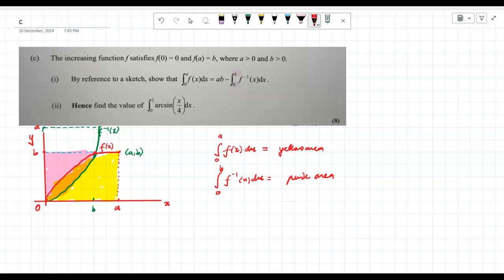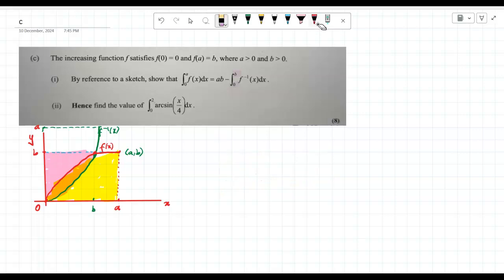One second, I'm trying to think. Upper function minus lower function gives you the area between them. So actually the area between the region is upper function minus lower function.